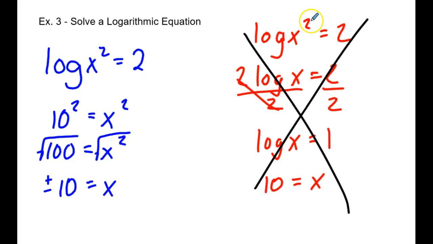Because we had an x squared when we use that power rule, now that becomes a value of just x, which limits our domain to all positive numbers, whereas x squared would be all real numbers other than 0. So a little bit of a trick, things we have to be aware of with domain. This is the process we have to use on the left side in order to solve that, because then we get both of our solutions. If we use the method on the right, we would only get one of our solutions.